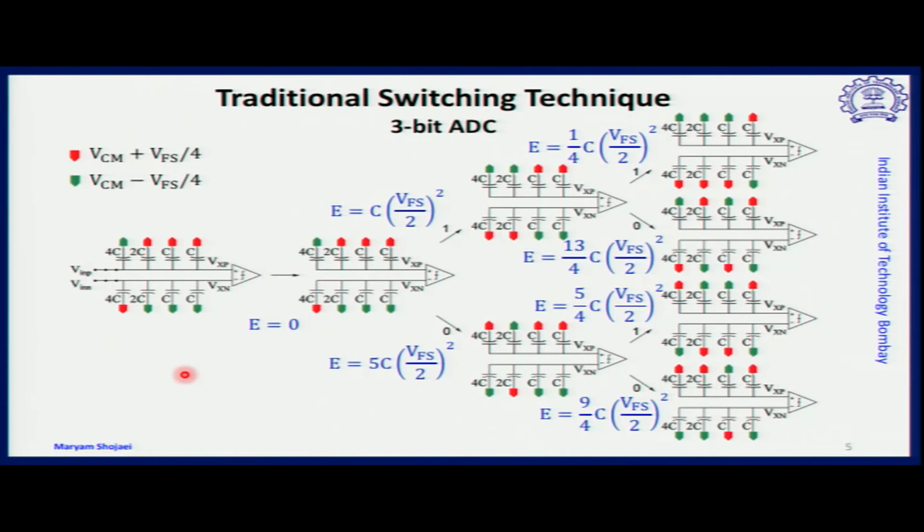So let's see how much energy is consumed in these transitions. For simplicity, a 3-bit ADC is shown here. The initialization is performed by closing the sampling switches at the input and sampling them on one plate of capacitors.